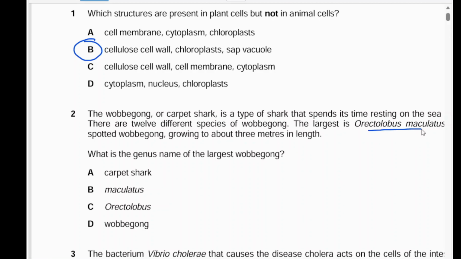The first name is called genus, and the second one is known as species. That should be written in a smaller letter. So, what is the name of the genus? Arctolobus.